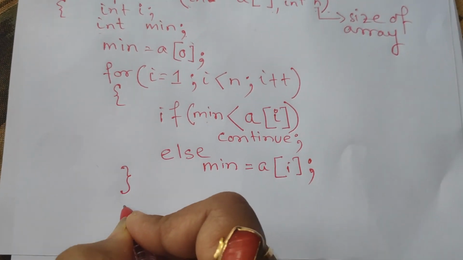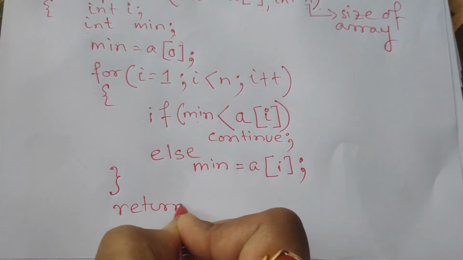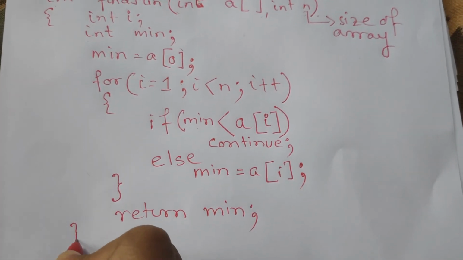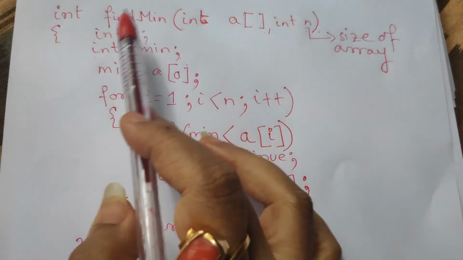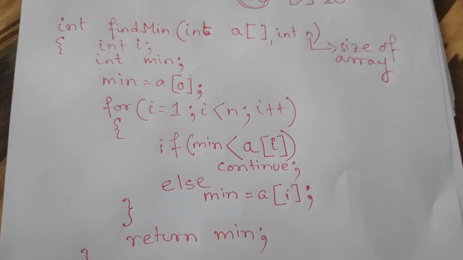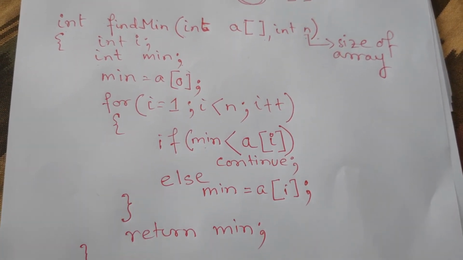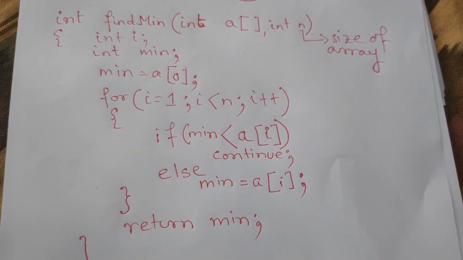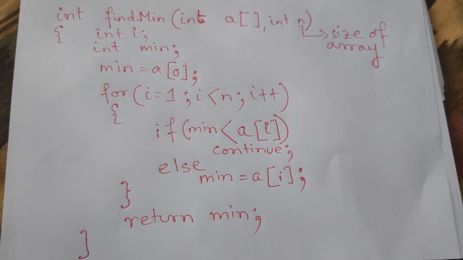So over here we will return the minimum. Correct? So this is the algorithm to find out the minimum element of an array. And what is your assignment? You should try to write the function to find the maximum of an array.